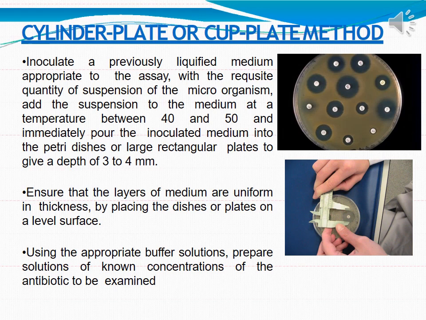Now when the gel solidifies, the borer, which is basically a hollow cylinder, is used to bore holes inside the petri dish. If the petri dish is a bigger petri dish, we usually bore 6 holes. If it is a smaller petri dish, maximum 3 holes are bored.